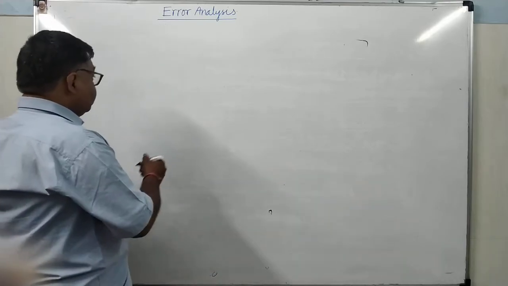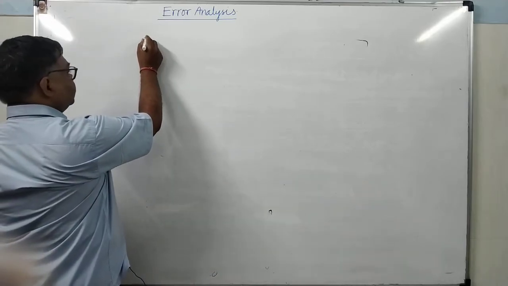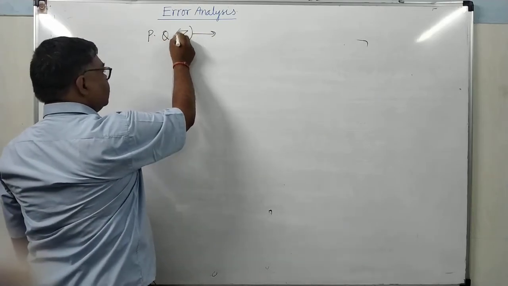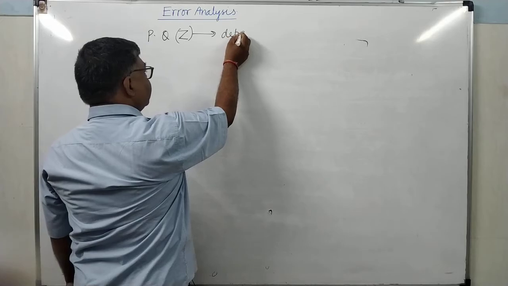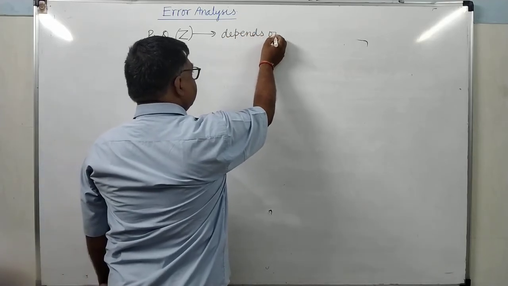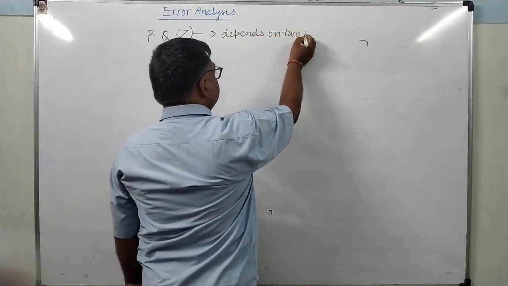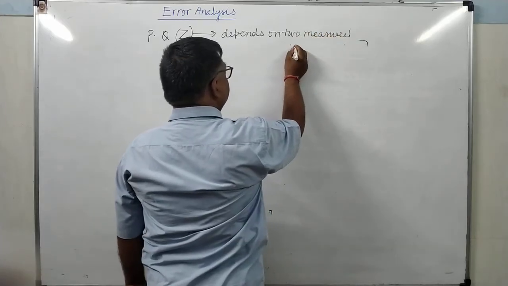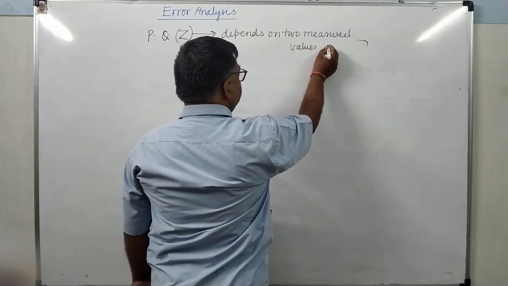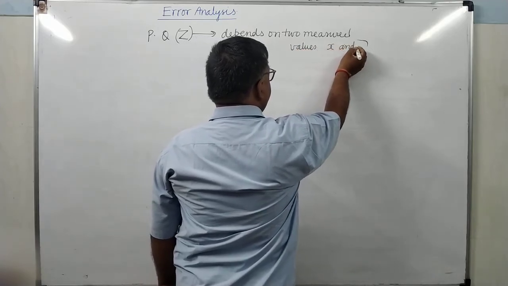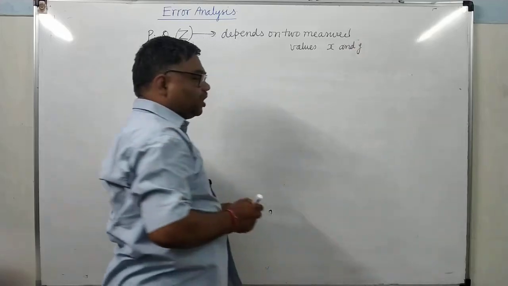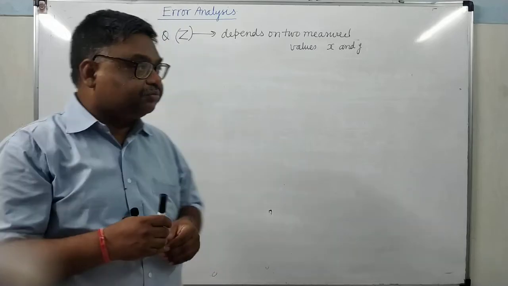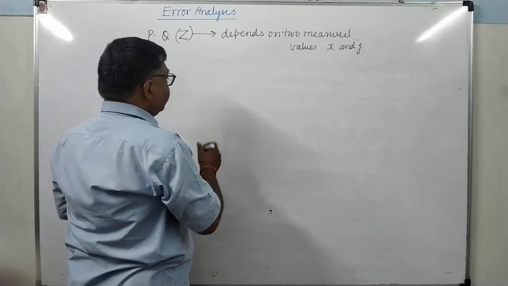Let the absolute error in the measurement of x be delta x and the absolute error in the measurement of y be delta y.